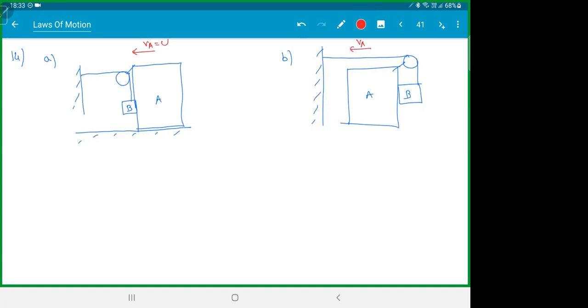A is going this way, VA is u. Find the velocity of B at this instant.